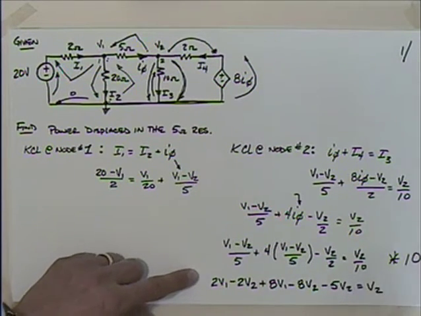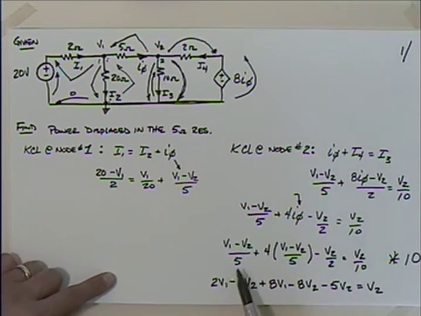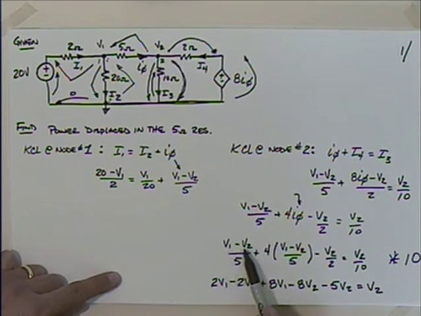Is that right? When you multiply this thing by 10, you get 2 of those, 2 of those. 4/5 becomes 2 times 4, which is 8V1. So 8 times V1 minus 8 times V2. Multiply this by 10 minus 5V2 is equal to V2.